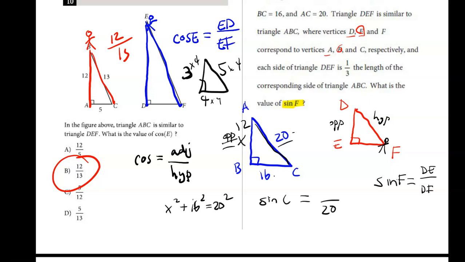So the sine of C is 12 over 20, also known as 6 over 10, also known as 3/5. So I think they would probably accept 3/5 or they would accept 0.6. Either one should work out.